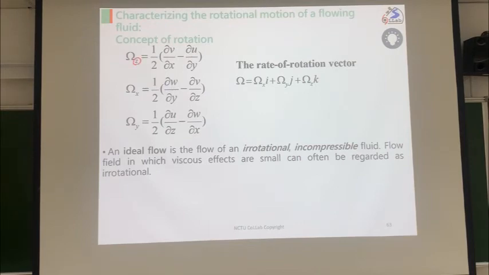This first one is derived from the previous slide, where we have the rotation angle along the z direction. But in the following, we have the rotation angle along x and the rotation axis along the y direction, so we have a different formula. If I have the velocity field, u in the x direction, v in the y direction, and w in the z direction, with i, j, k, x, y, z, u, v, w, we compute the curl, the outer product.